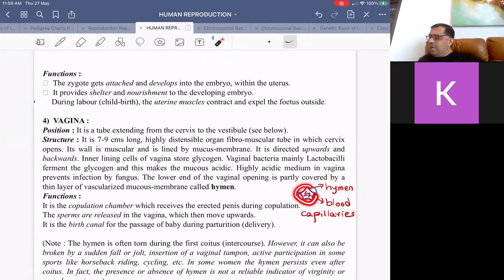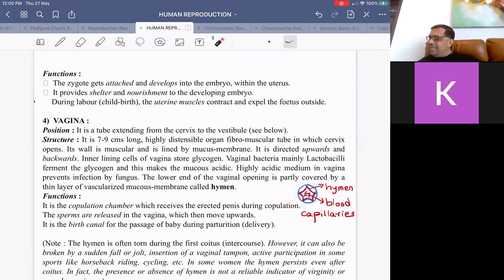Suppose this is the vagina, the hymen is like this, and there are spaces in between, an incomplete covering, and full of blood capillaries. This hymen is supposed to be protective. It has blood capillaries, so if any microorganisms enter the vagina, WBCs will come from the blood capillaries and kill the microorganism at the opening of the vagina itself.